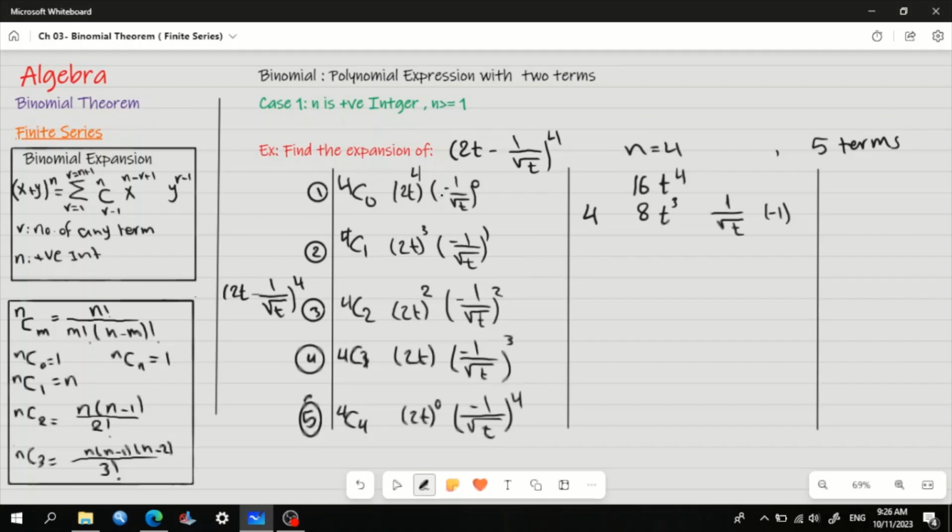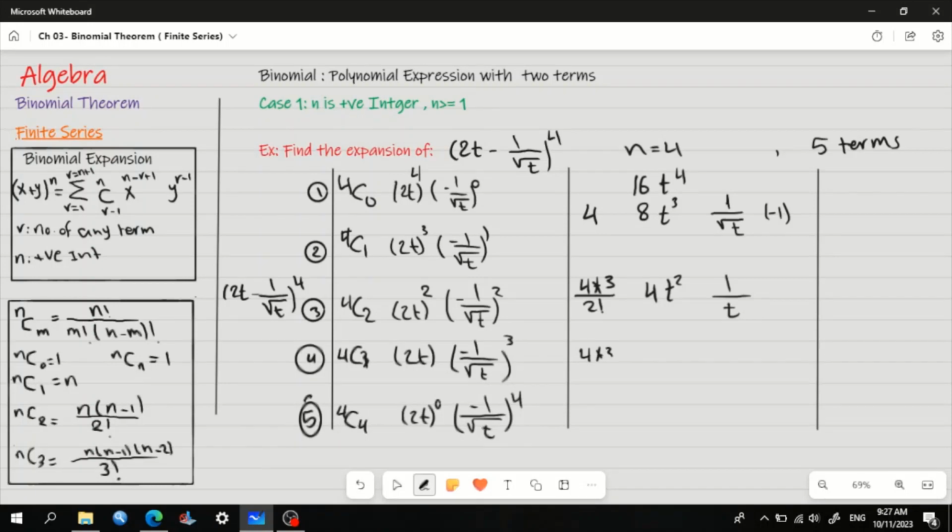Okay, here we have 4 combination 2. So 4 and 2, 3 factor of 2. Okay, here we have 4t squared, and here 1 by t. Okay, here 4 combination 3.